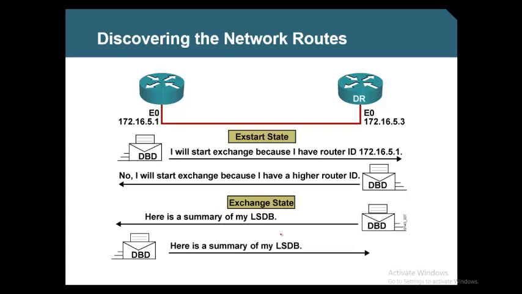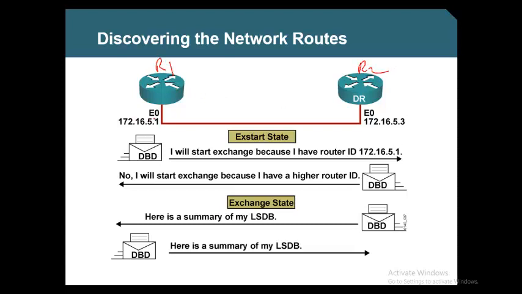Will the left hand side router or the right hand side router initiate the exchange? That conclusion they need to come to. The one with the bigger router ID will always initiate the exchange. Let's say router 1 and router 2.